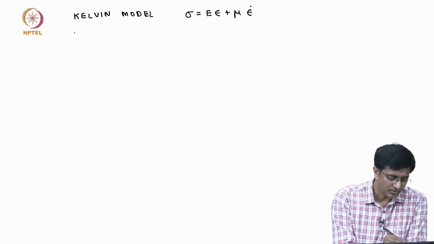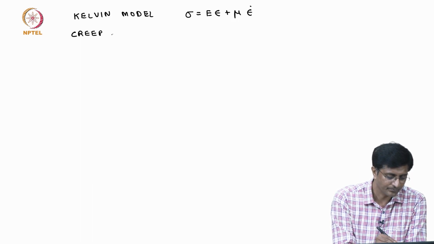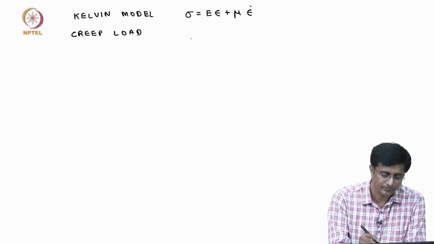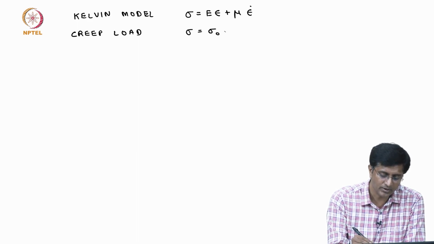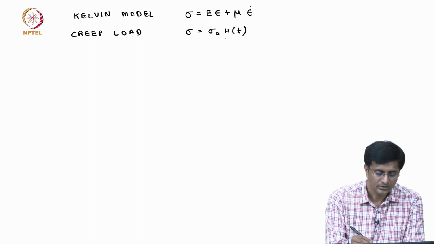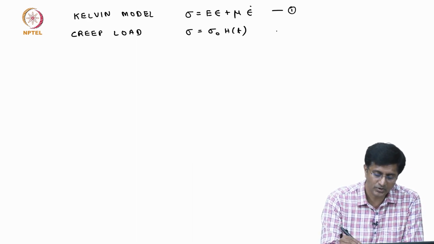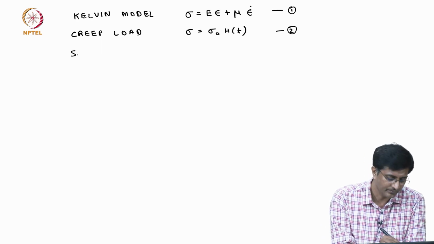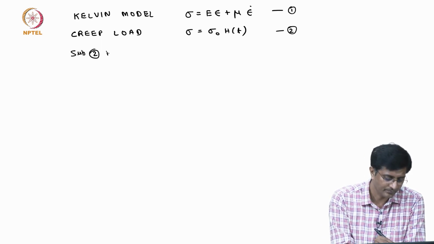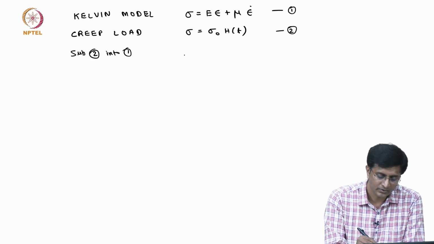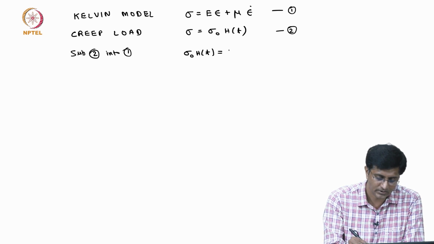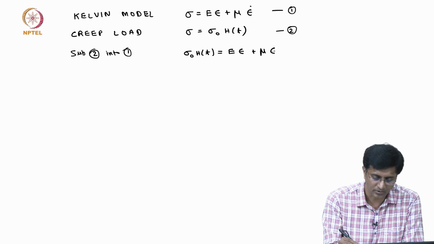For a creep load, we know it can be written as sigma equals sigma naught times h of t. So, let us substitute equation 2 into 1. That should give us sigma naught times h of t equals E epsilon plus mu epsilon dot.